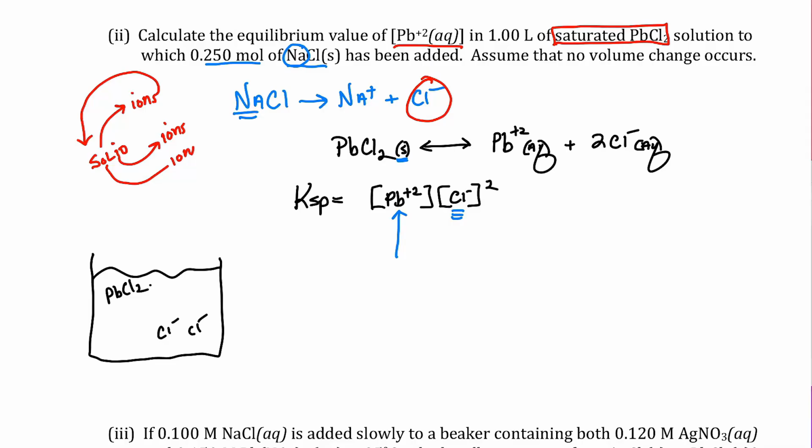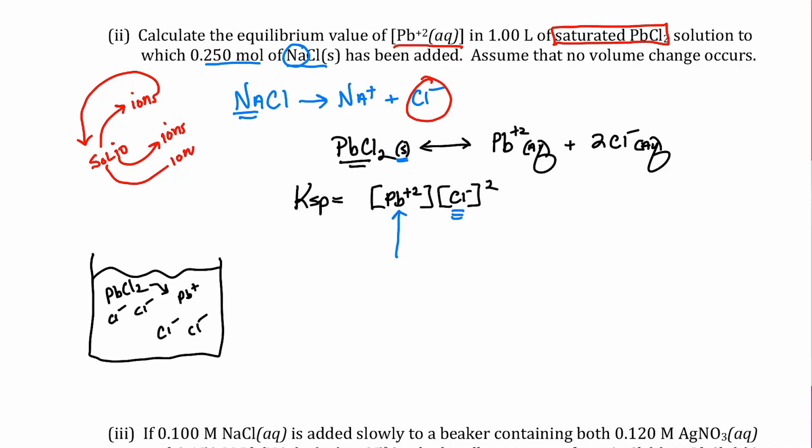How much is this going to dissociate into Pb plus 2 and its chloride ions if there's already chloride ions there? It's always really interesting, and I think the most effective way to answer this is to assume you have 100% of your solid, completely together before you see how far it goes forward.